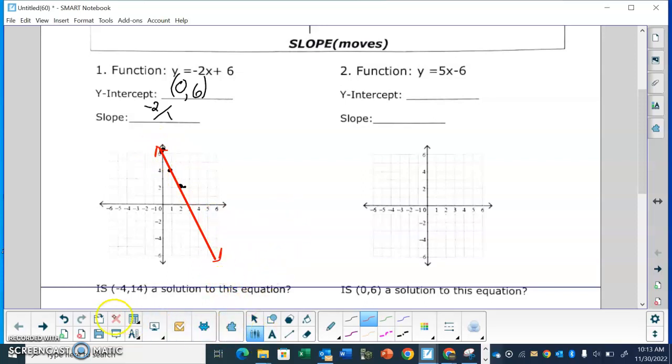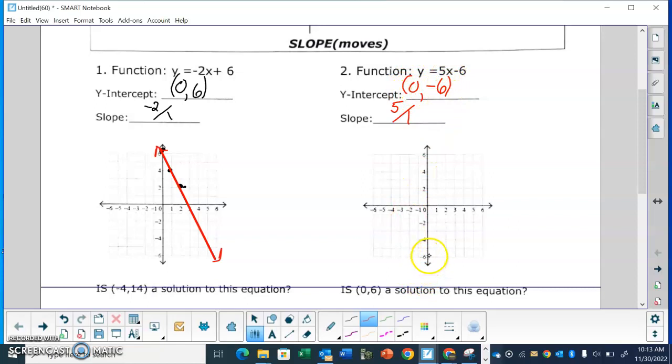Okay, so let's check out number 2. Our y-intercept is at -6, and our slope is 5 over 1. So we go to (0, -6). Always make it a point.